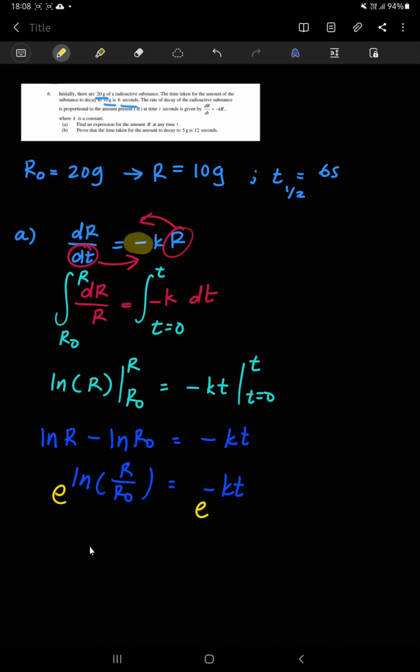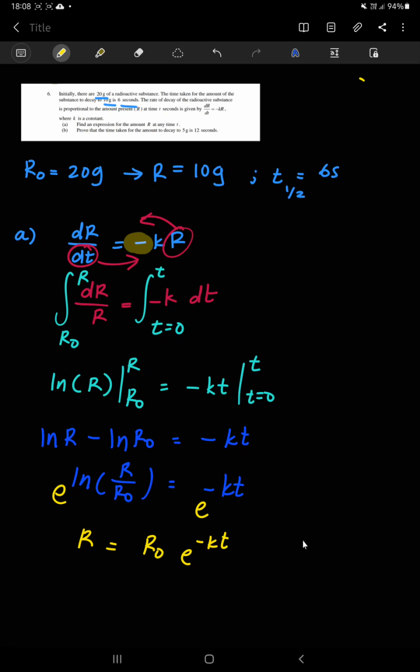Then we get R equals R0 e to the minus kt. We multiply both sides by R0, after we eliminate the ln from the left hand side by raising it to e. So this is R0.